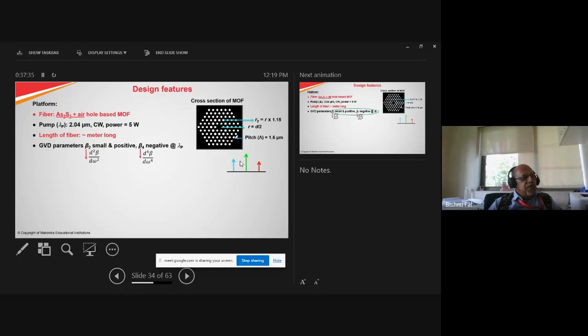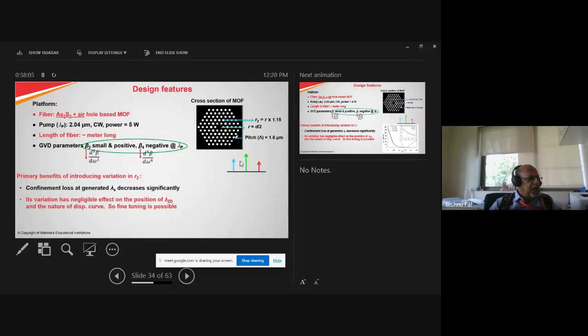After a lot of study, we chose the second ring to have a slightly different, larger radius compared to the other refractive index features in such a structure, and showed that we can generate good radiation in the IR around 4 micrometer. The pump was 2.05 micrometer at a pump power of 5 watt, when other nonlinear effect thresholds are not crossed. Photo mixing is the most dominant nonlinear effect.